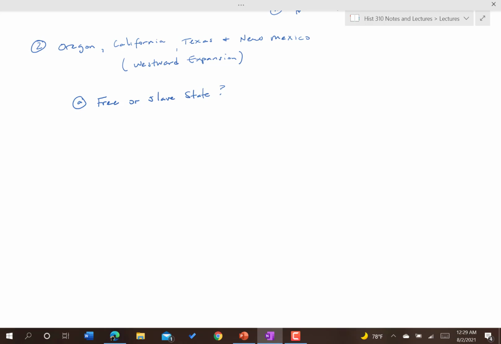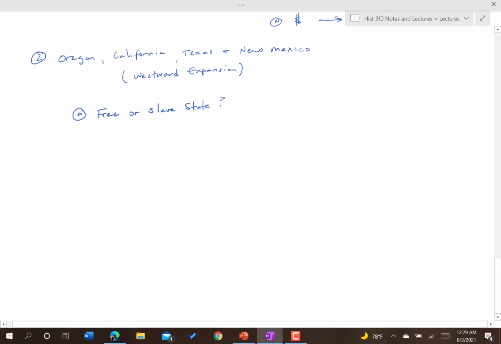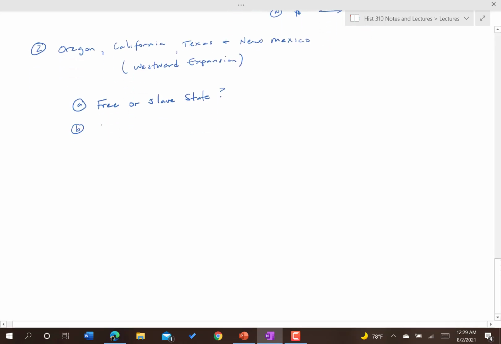And you have several different things going on. There was the Oregon Territory, which wasn't just what the state of Oregon is now, but a larger area. One of the things that emerged was conflict with the British.